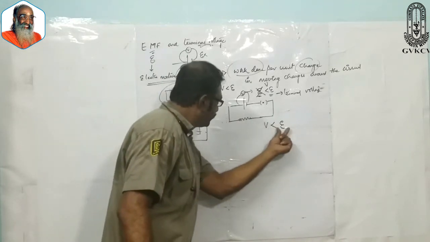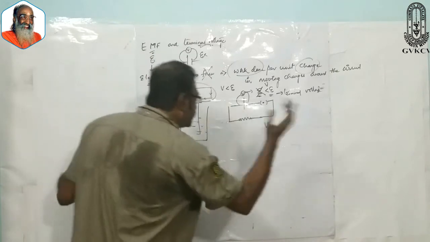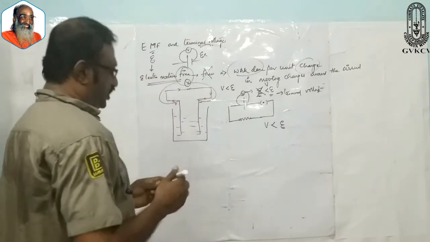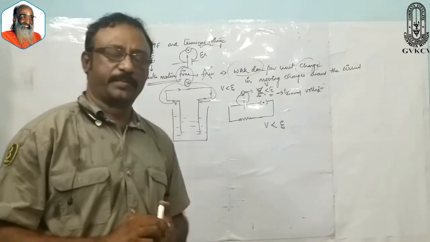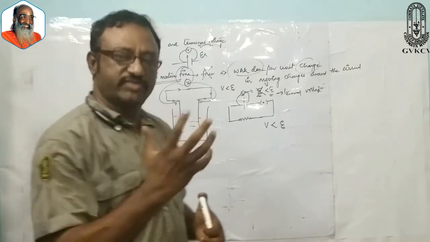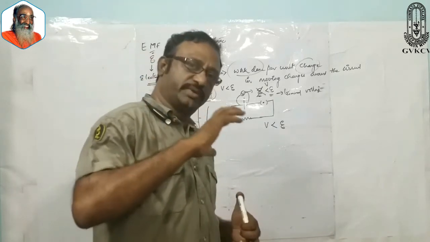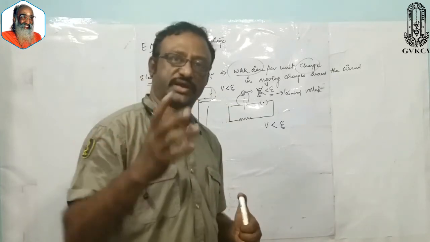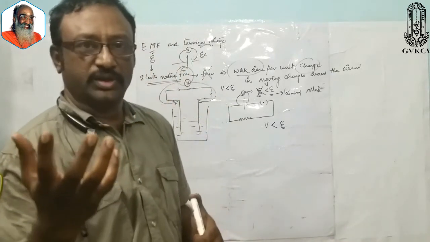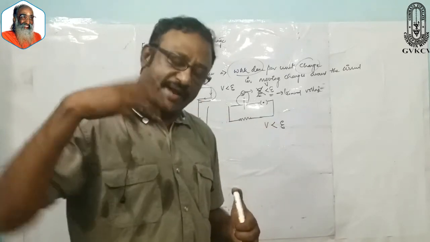So where is that value lost? When I take a cell or a battery, in a cell, electrolyte will be there, electrodes will be there. Because the electrodes and the electrolytes are materials, electrolytes will be having ions. When the current passes through this electrolyte, collisions will be there, and because of the collisions, resistance is there.